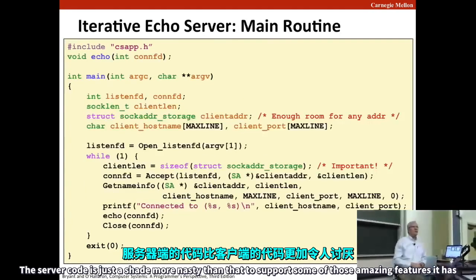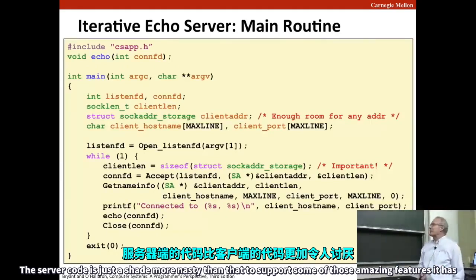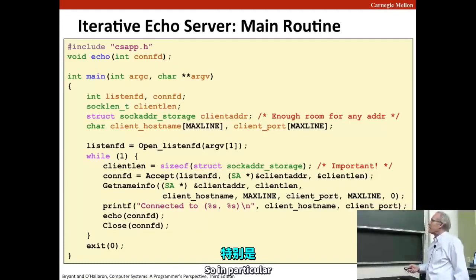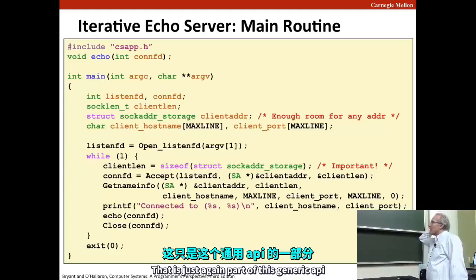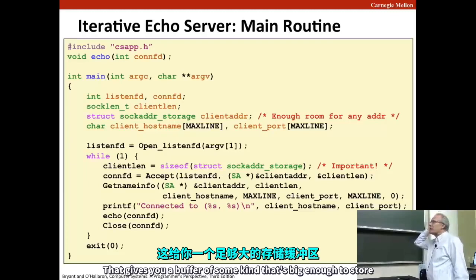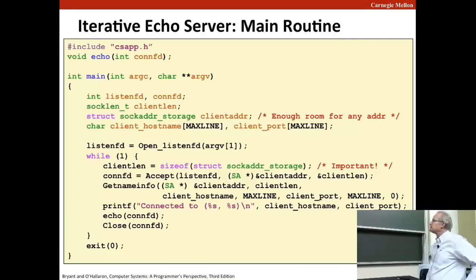The server code is just a shade more nasty than that to support some of those amazing features it has. So in particular, there's a weird struct called a sockaddr storage that is just, again, part of this generic API that gives you a buffer of some kind that's big enough to store a name of a host, is what I'm going to use it for here.